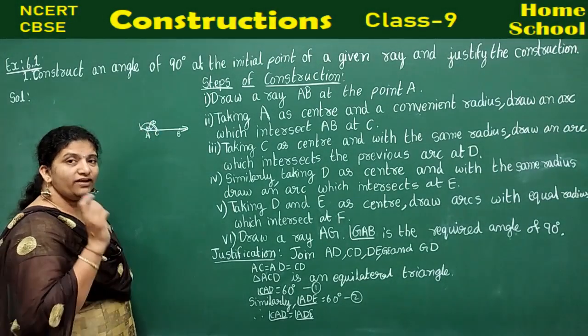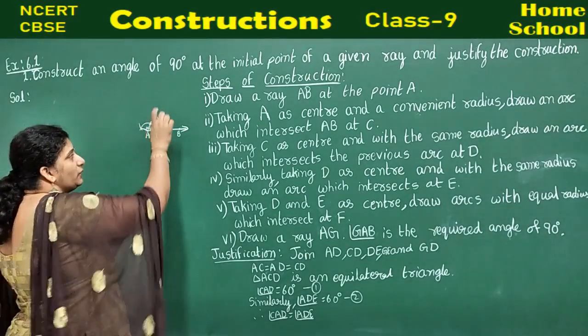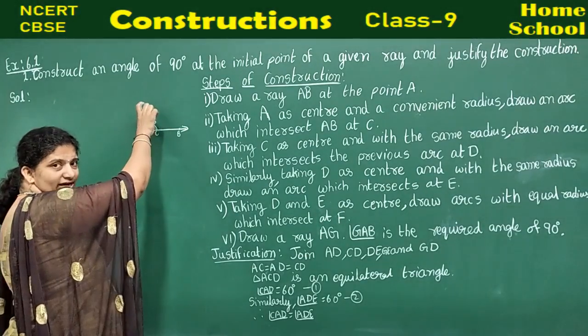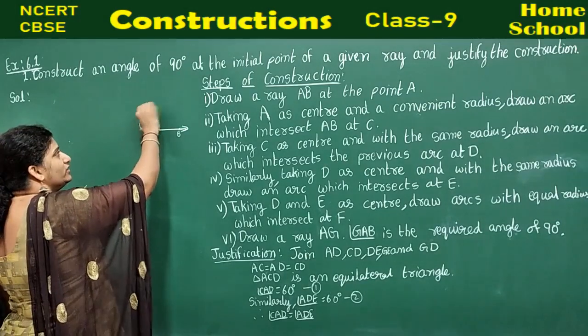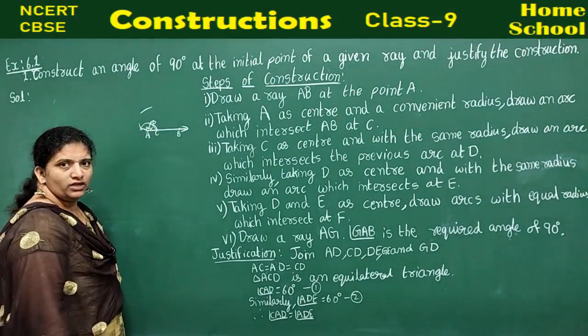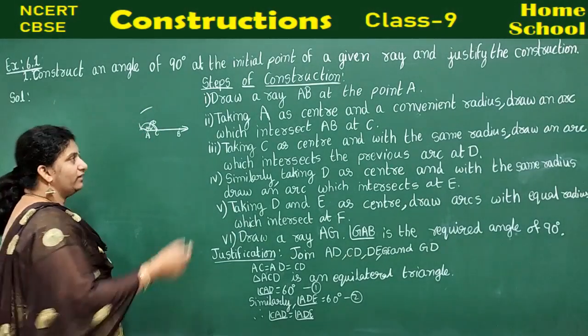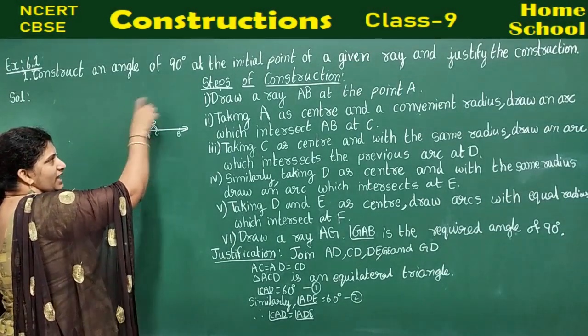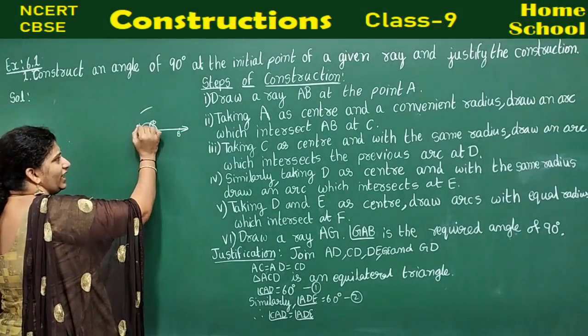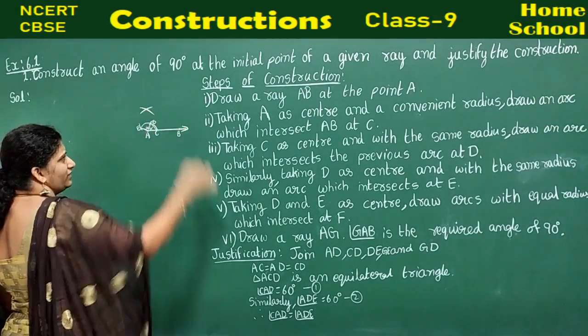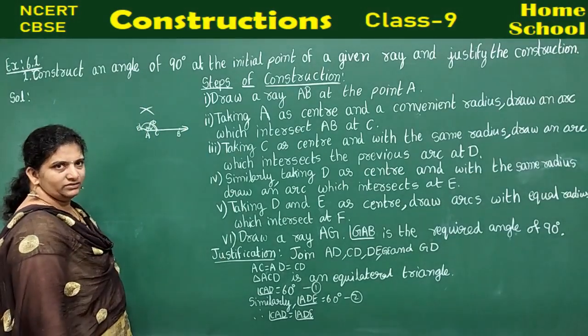So now lift your compass, put this point as a center, right? Draw an arc above. If you want, you can take the same radius. Lift the compass and put the point here at E and then cut the arc.